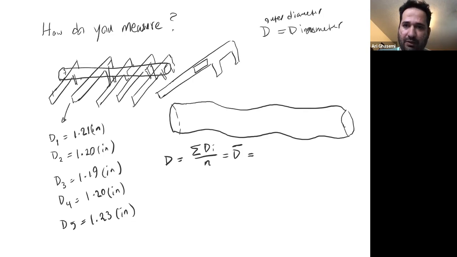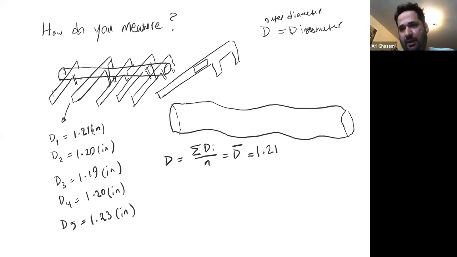The average is 1.21 plus 1.2 divided by 5. So the average after rounding up to 3 significant digits is 1.21.